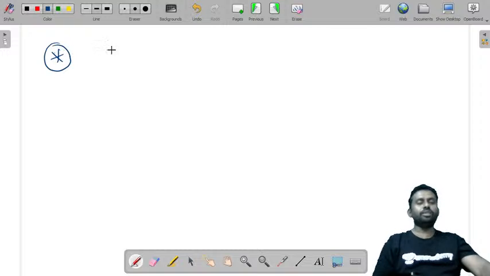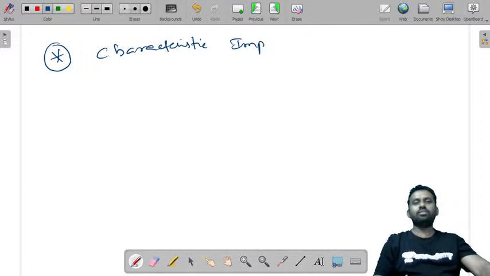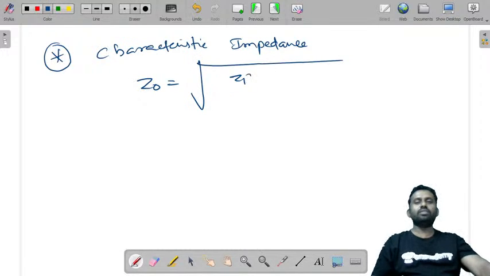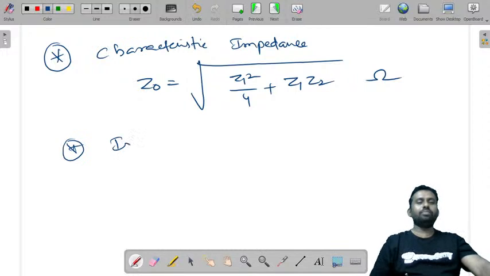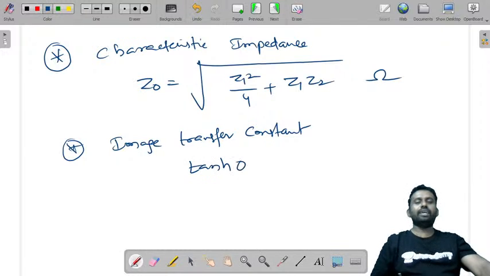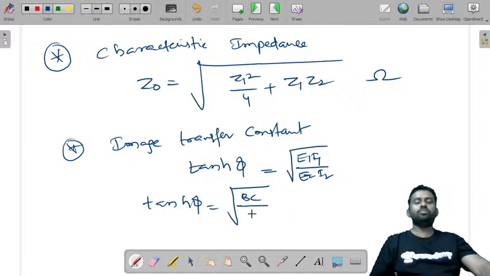We have seen what is characteristic impedance and its expression Z0 is equal to under root of Z1 square by 4 plus Z1 Z2 ohms, and image transfer constant, tanh phi is equal to root of E1 I1 by E2 I2, or you can also write it as tanh phi is equal to root of C by AD.